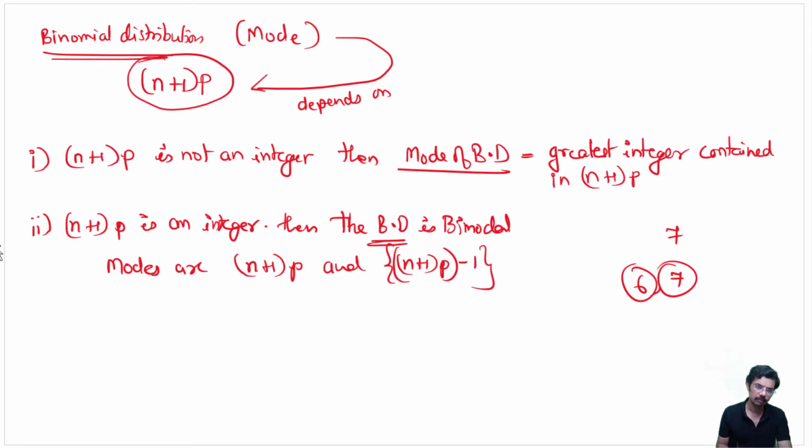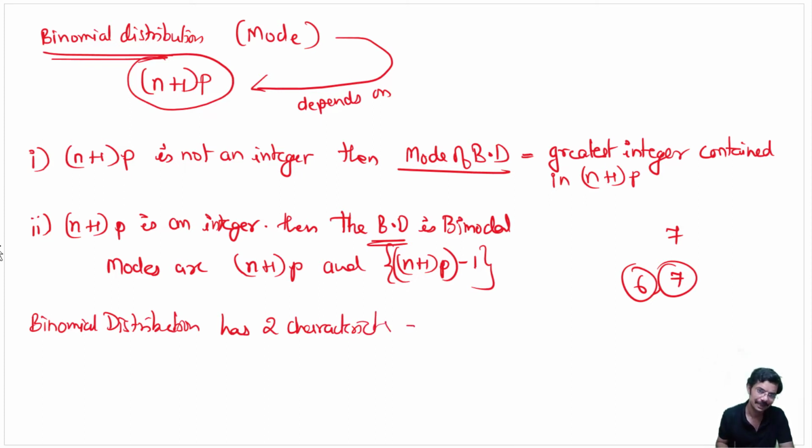Now, the binomial distribution has two parameters, two characteristics: n and p. n is the number of trials and p is the probability of success.